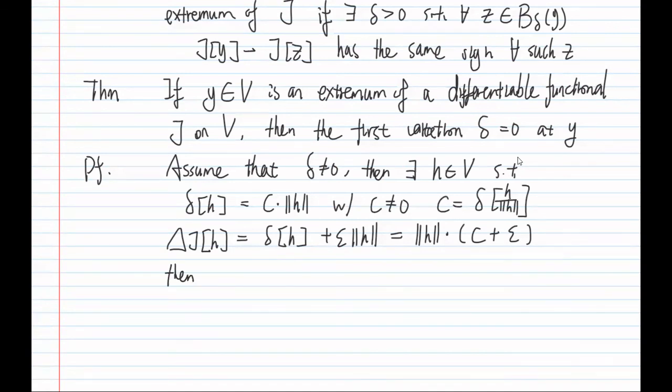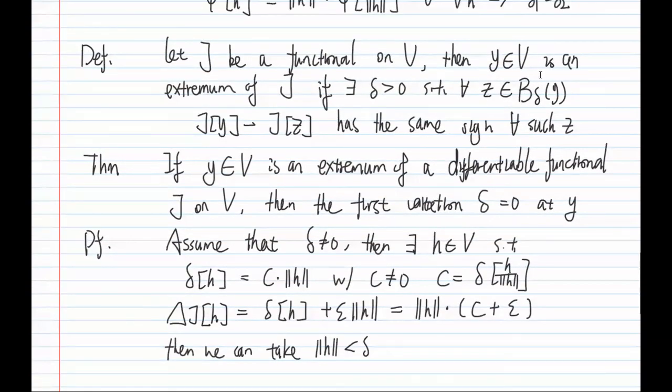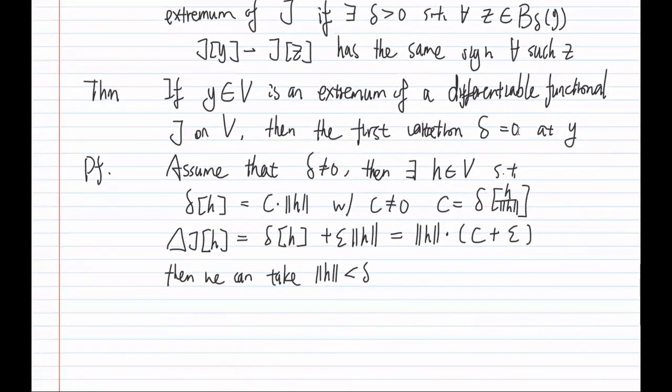All right, so what do we do here, right? Then we can take h to be less than this radius delta. Sorry about the notation here, it is a little bit confusing perhaps. By this delta, I meant the radius delta here, okay?